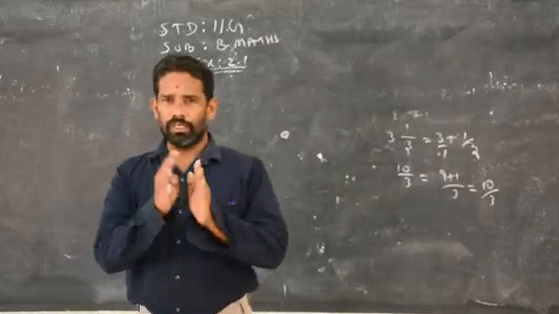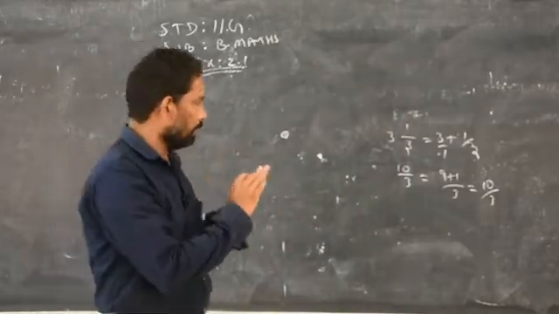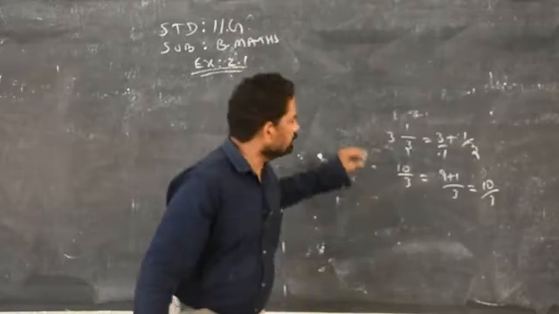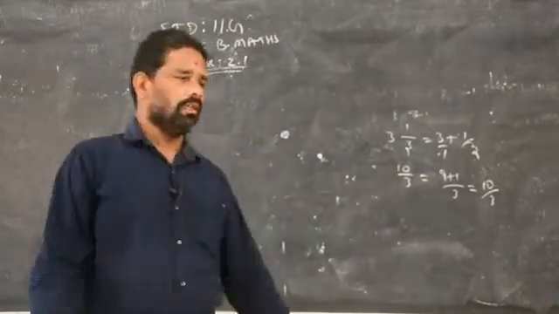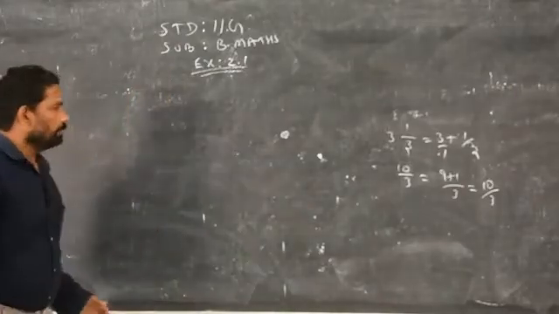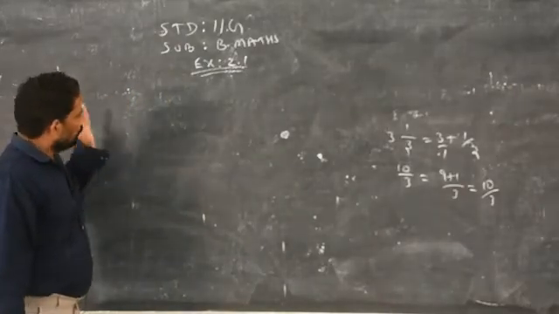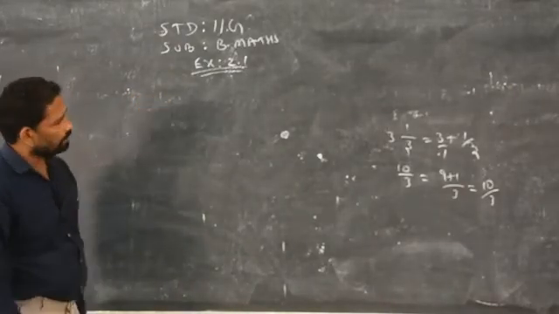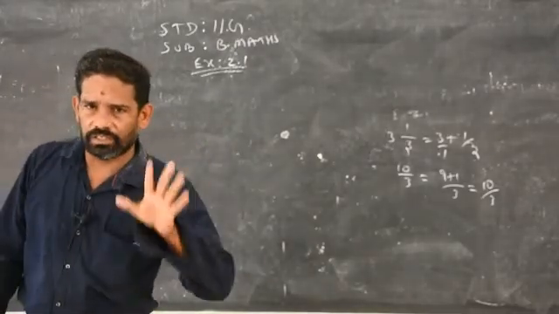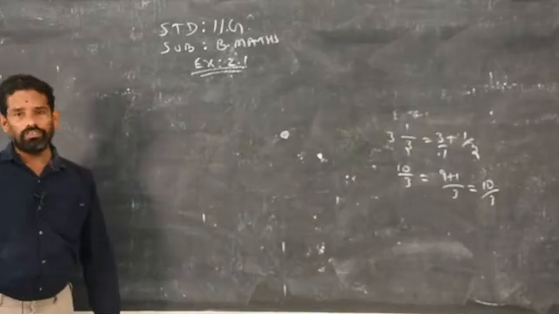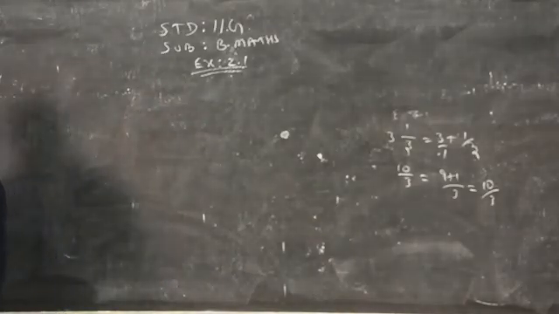There won't be any difference. That is allowed in mathematics. I am going to apply this very basic concept for solving the rational expressions given in exercise number 2.1, that is called partial fractions.